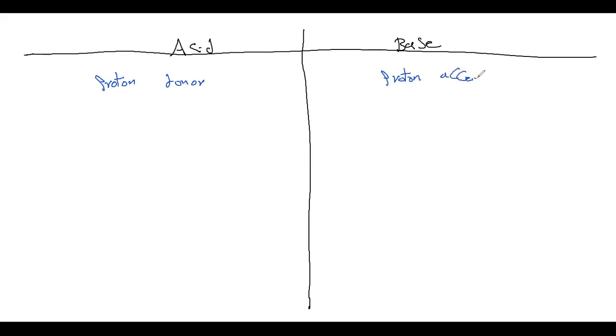What is meant by proton donor and proton acceptor? Acid, substance that dissolves in water to produce H positive, and base, substance dissolved in water to produce OH negative. And sometimes we say base or alkali. What is the difference between them?